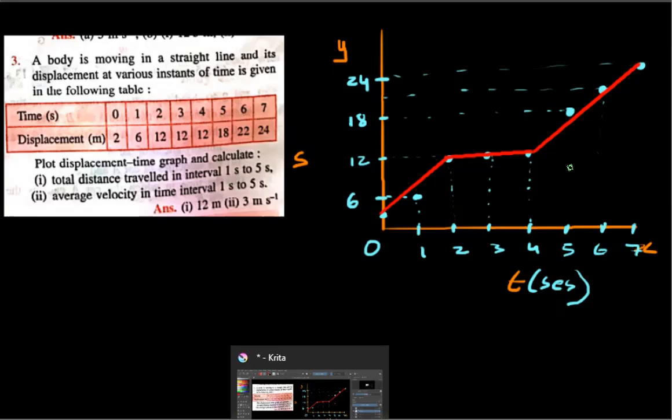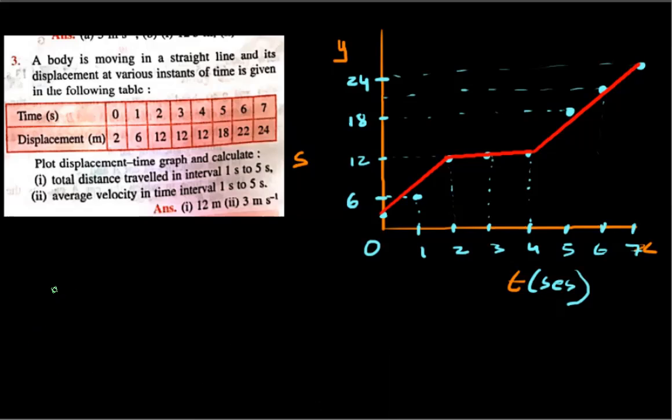Now let's look at the second part, which is to find the total distance traveled in the time interval 1 to 5 seconds. So we have to find the displacement between 1 and 5 seconds. From here, we already know that at 1 second the displacement was 6 meters, and at 5 seconds the displacement is 18 meters.